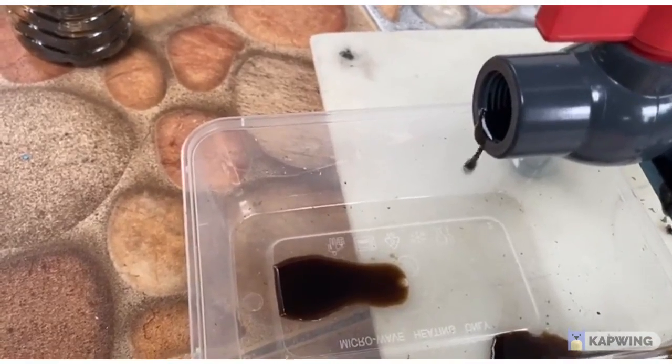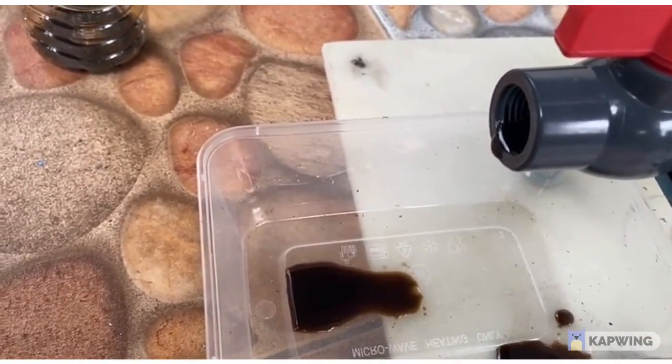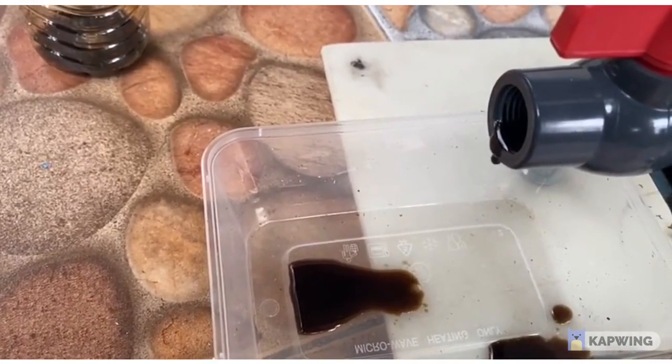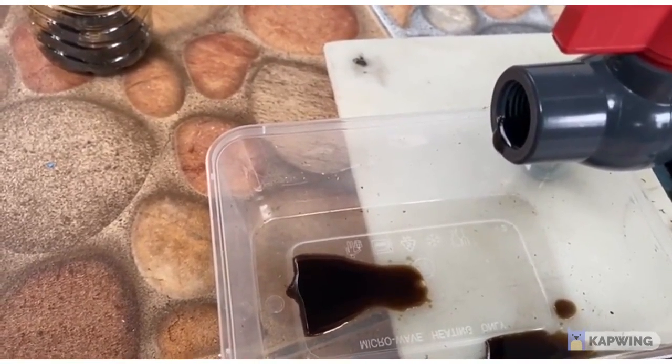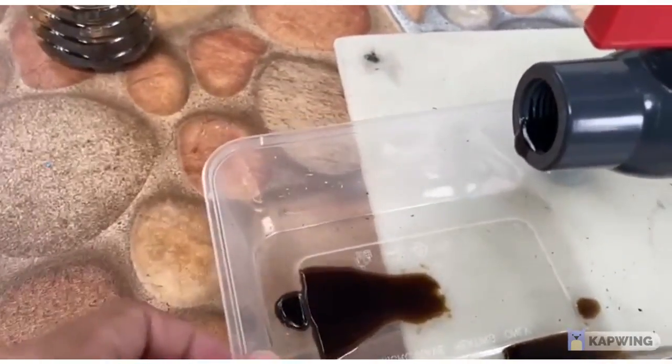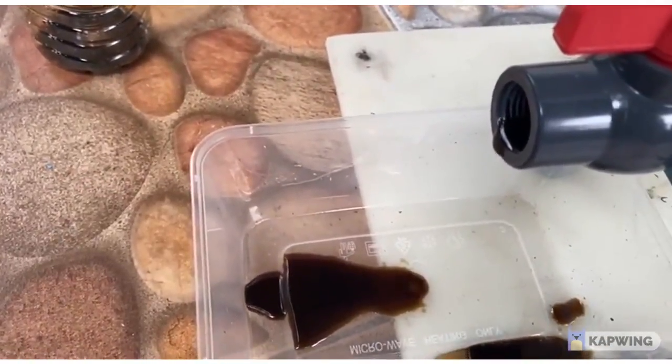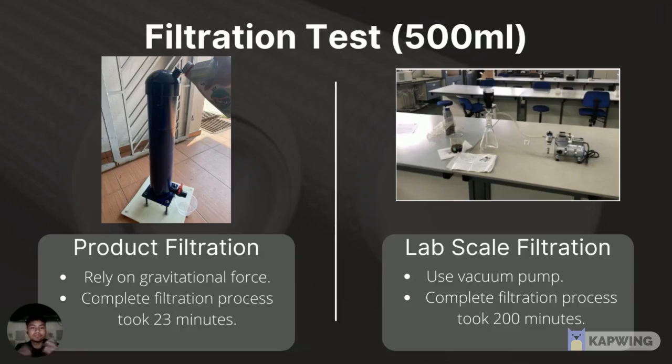So as you can see, the oil is coming out through the pipe where we collect the oil after. As you can see, for the filtration test, we use the 500 ml waste oil sample, and we conduct between these two, product filtration and lab scale filtration.